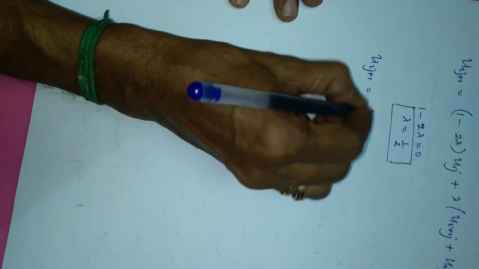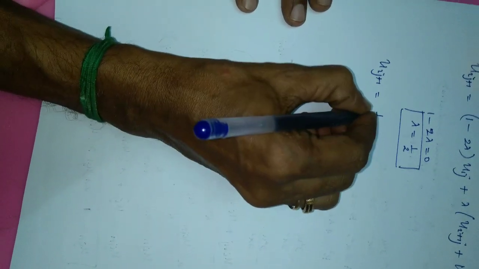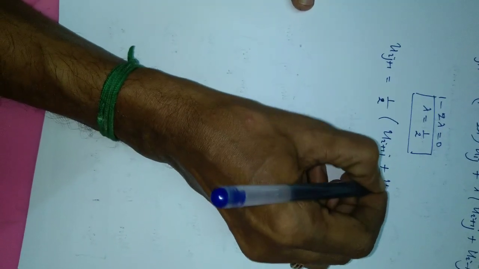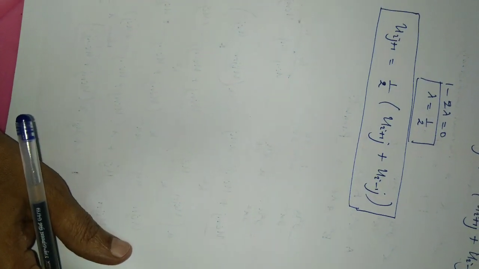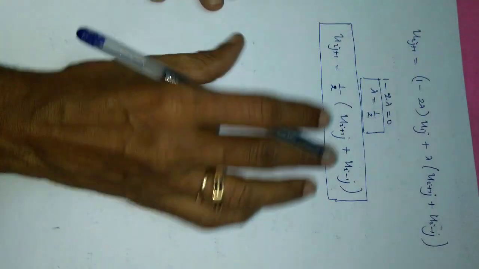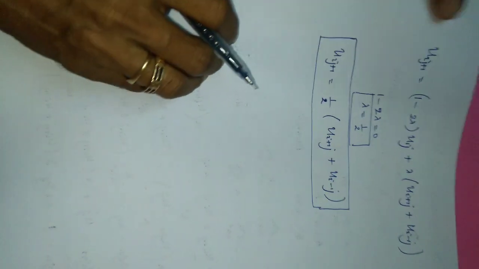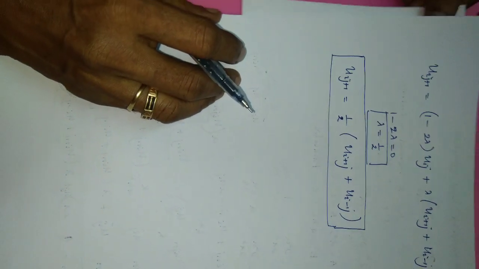You will get 1 by 2 times (u(i+1,j) plus u(i-1,j)). So this is what is called the Bender-Schmidt finite difference scheme. We'll discuss later on what the Bender-Schmidt scheme is about. Let us analyze the molecular structure of this entire finite difference equation. What is an explicit scheme?